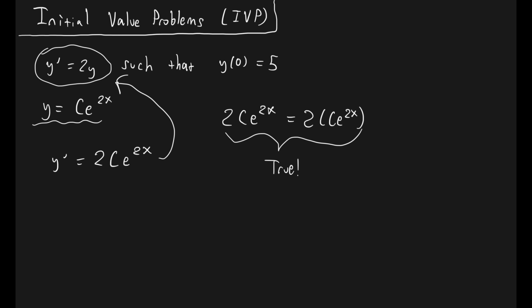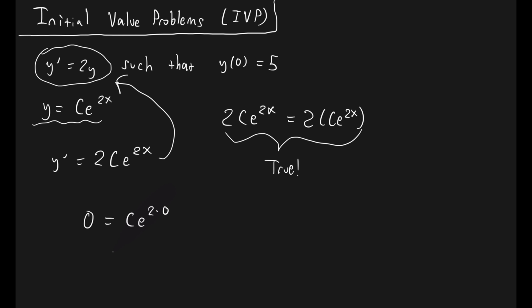So when x equals 0, the left side y is just going to be 0. Oh, sorry, I made a mistake. It should not be 0 on the left side, because y when x is 0 is equal to 5. Apologies for that mistake. So it's 5 equals c times e to the 2 times 0. Now 2 times 0 is 0, and we know it's going to be e to the 0, and anything raised to the 0 is just 1.